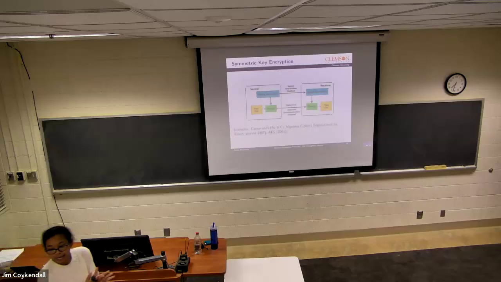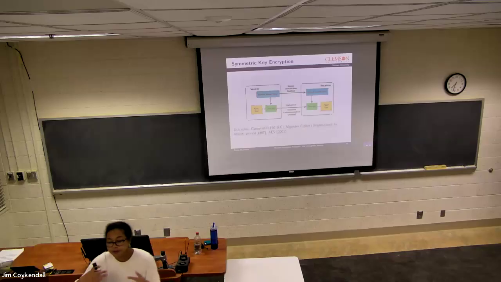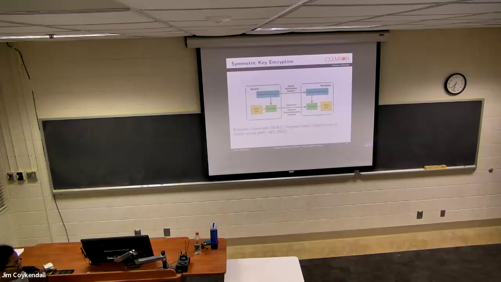For a very long time, people only used symmetric key encryption. How that works is, if you and I want to communicate, we need to meet in private first, and we exchange secrets called keys. And we talk about what algorithm we are going to use.